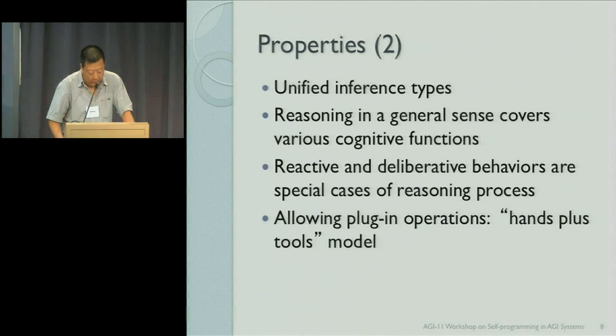And also, you see that some of the operations will be executed by the system itself, but some other operations actually can be executed by some outside device. Okay, so we can actually build something that I call a hands plus tools model. So what you have built in are some basic operations, kind of like our hands.